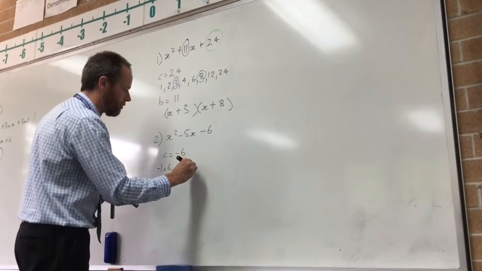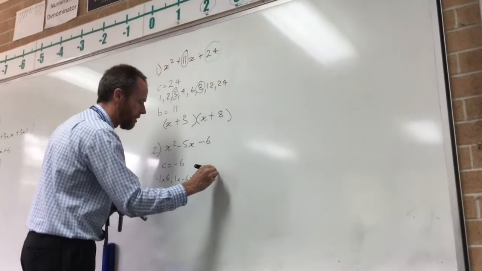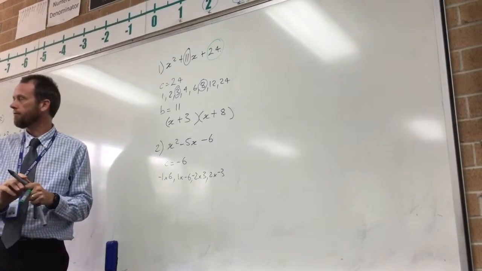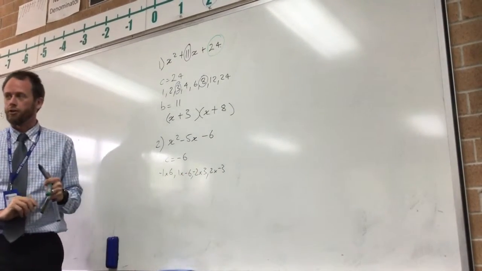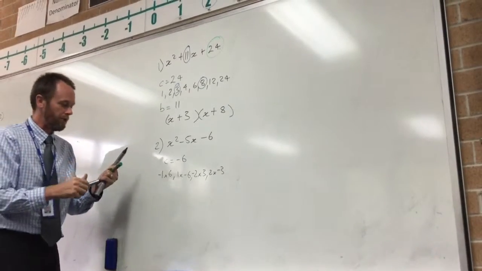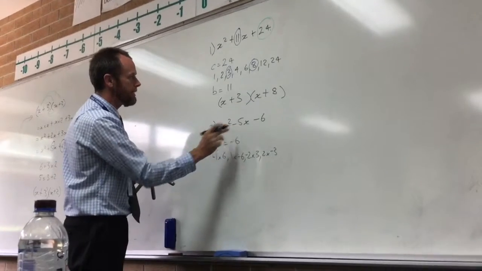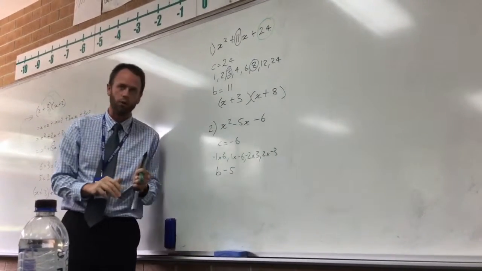I could have minus 2 times 3, or I could have 2 times minus 3. So I've got those possible factors. But remember, I'm also looking for one where the b, which is equal to minus 5, will also work out.